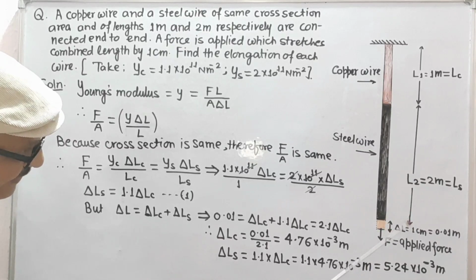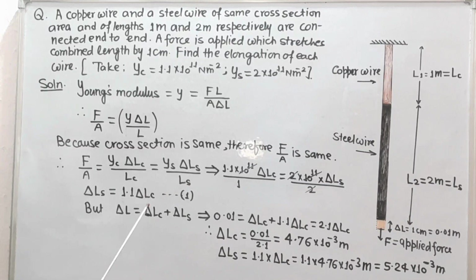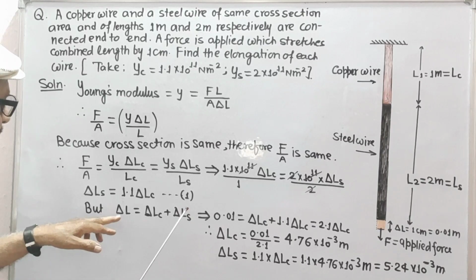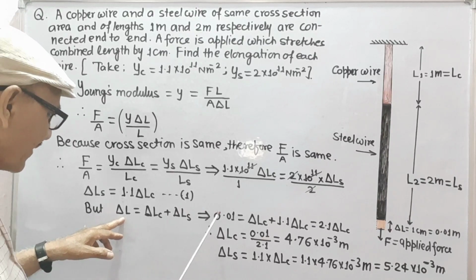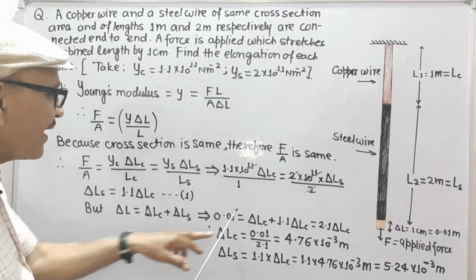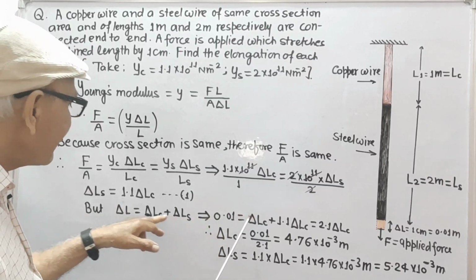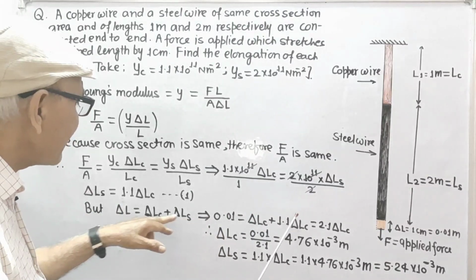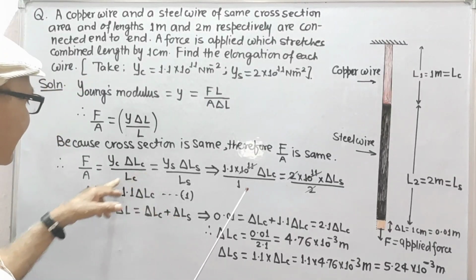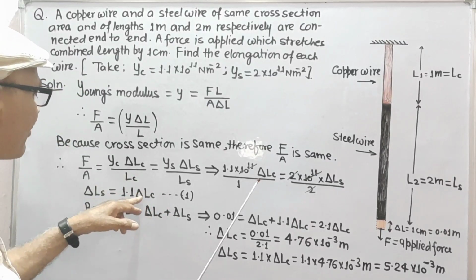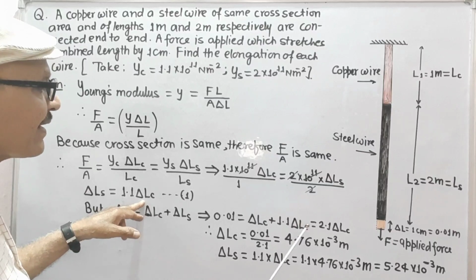But the combined elongation delta L is the sum of the elongation of copper and the elongation of steel wire. So, delta L will be equal to delta L of copper plus delta L of steel. Now, putting the value of delta L as 0.01, it is equal to delta L copper plus delta L of steel, which can be replaced by 1.1 delta L copper.